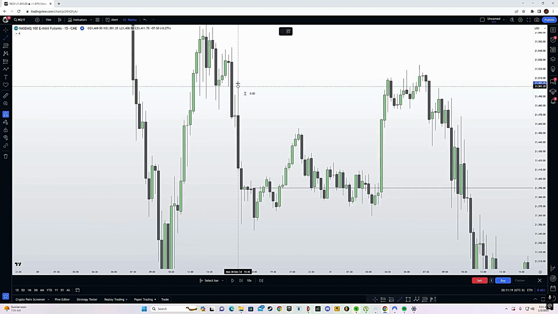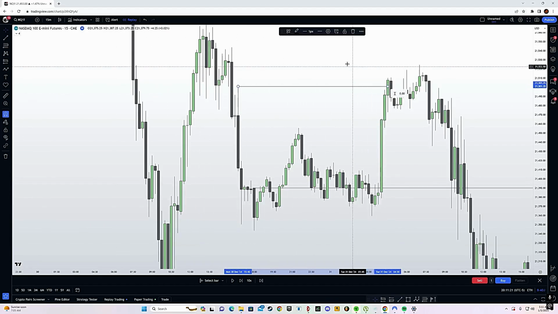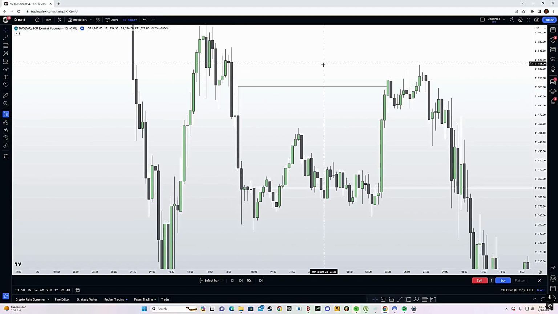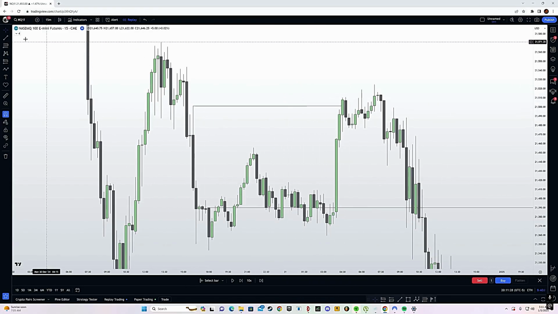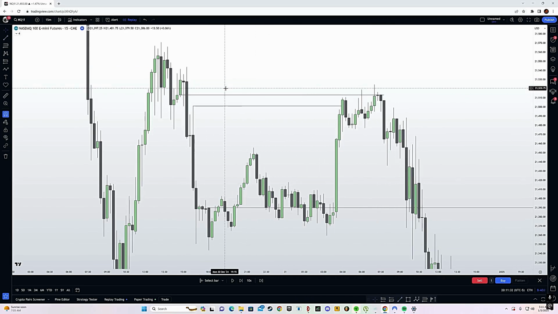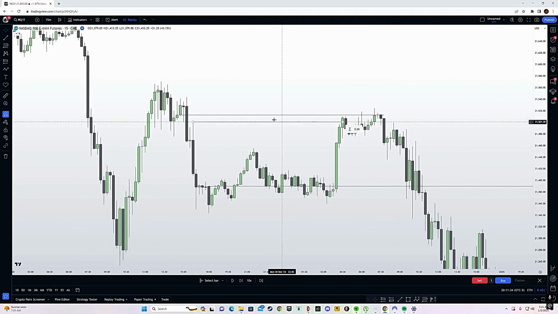Over here, what do we have? We have a short-term high that was swept. Now, look also here, we have this order block, right? Very simple stuff. So price pushes up.